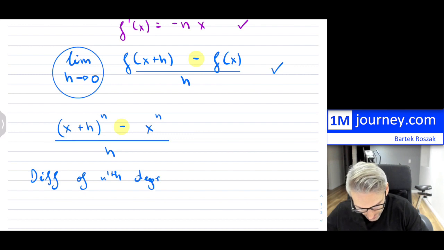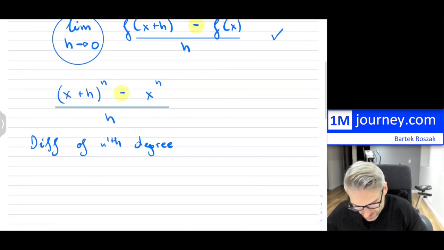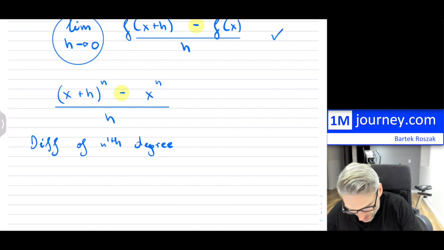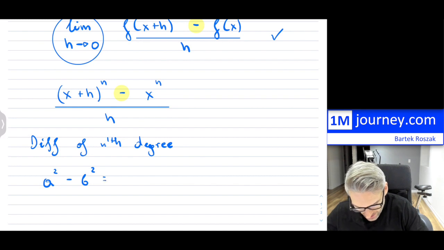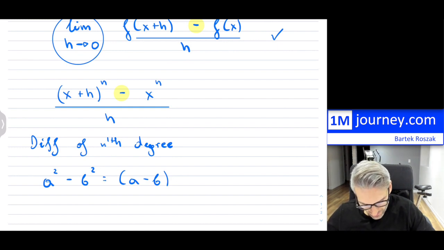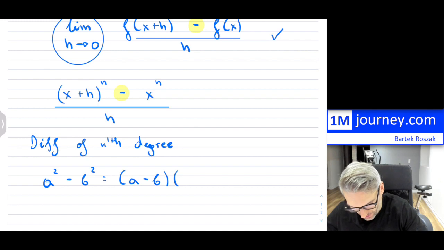In that difference, if we have a squared minus b squared, or whatever those variables are, the factored form is a minus b times the other factor. This is the general case, so I'll put n here.